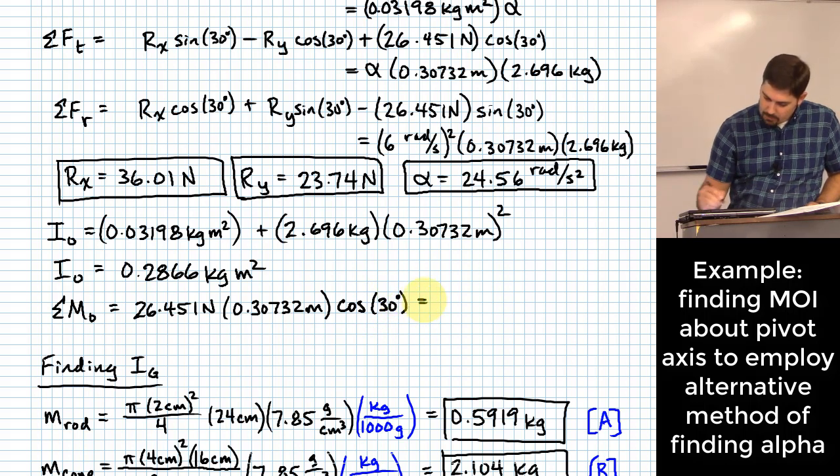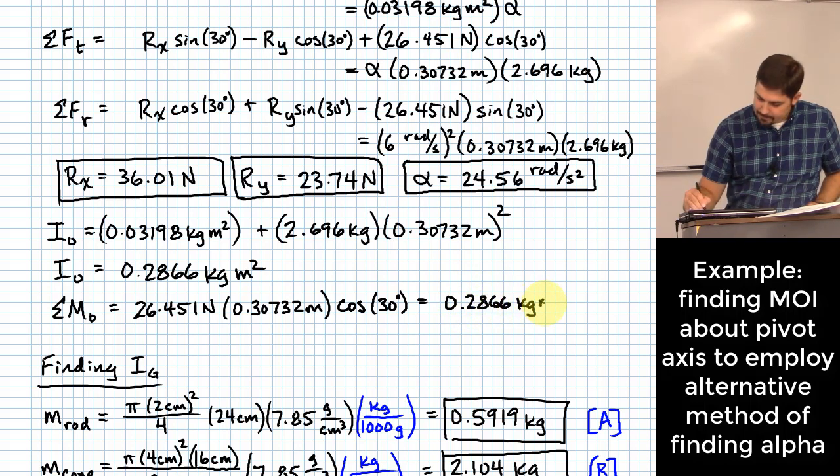This is going to be equal to 0.2866 kilogram meters squared times alpha.